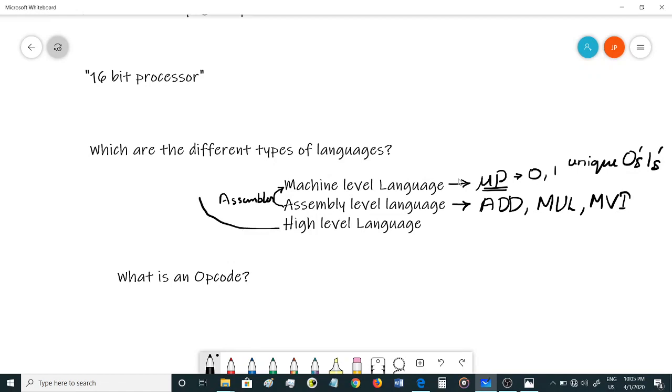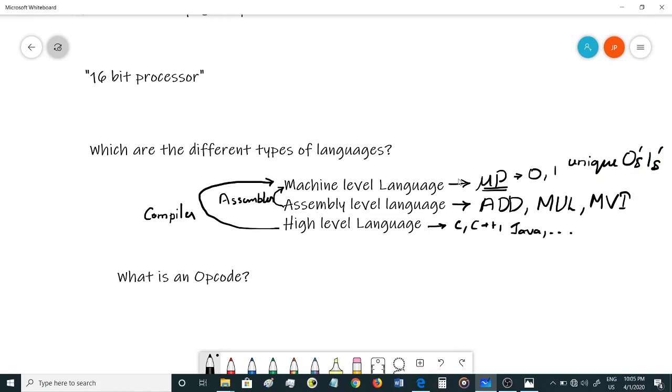Then comes your high level language. High level language can be converted into machine level language using a compiler. The various high level languages are C, C++, Java, Python, and so on, right? A lot of languages are there.